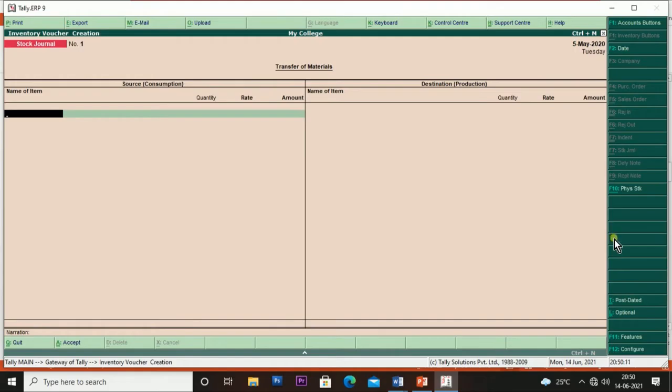That means in the accounting voucher side, there is one optional type of voucher, that is memo, and in the inventory voucher side, there is an optional voucher, that is optional. If you click on optional, it will allow you to enter the optional voucher.